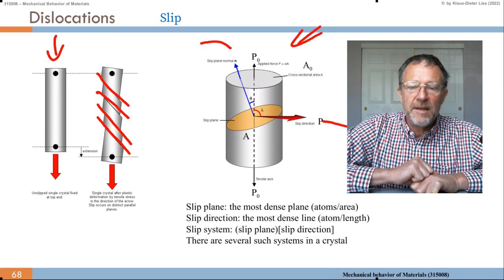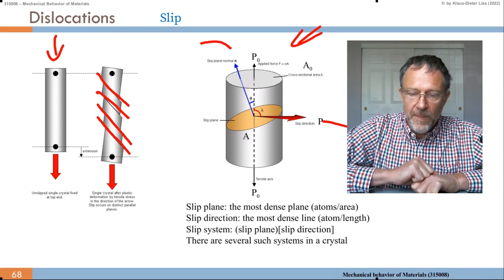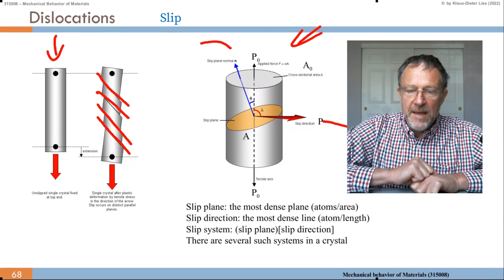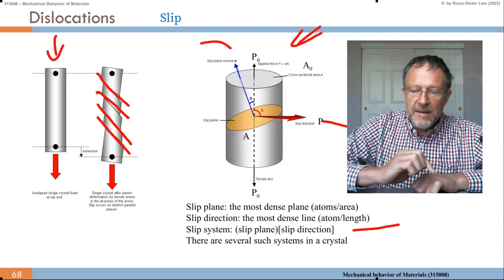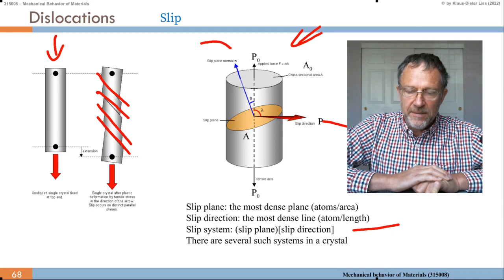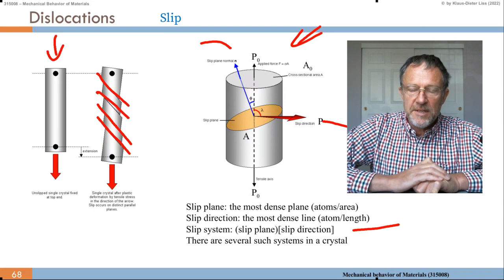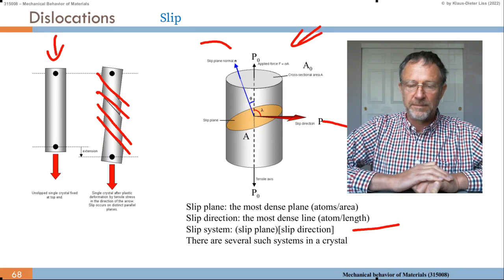They are not necessarily coplanar. Then we define a slip system by the slip plane and the slip direction. And there are several such systems in the crystal.